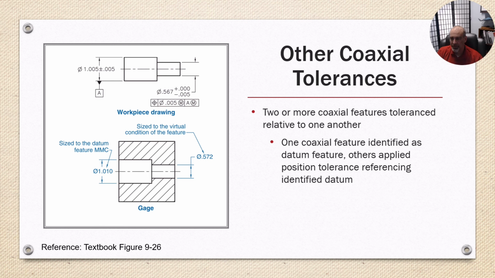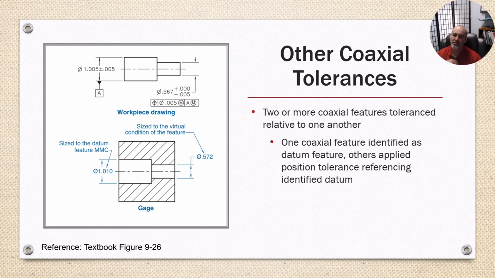One coaxial feature is identified as a datum feature, and the others have a position tolerance applied for referencing the identified datum. So since datum A has a maximum material boundary, it's made at maximum material condition, and the size of the other feature is made at the virtual condition feature size.